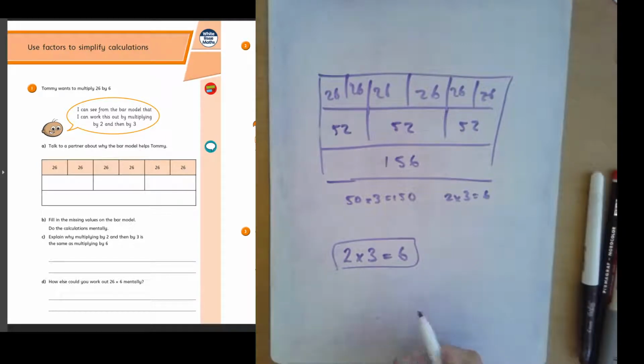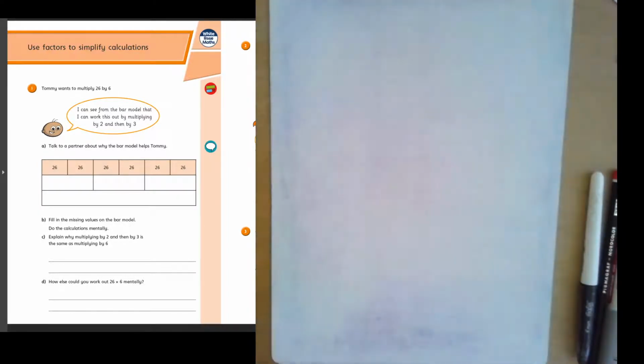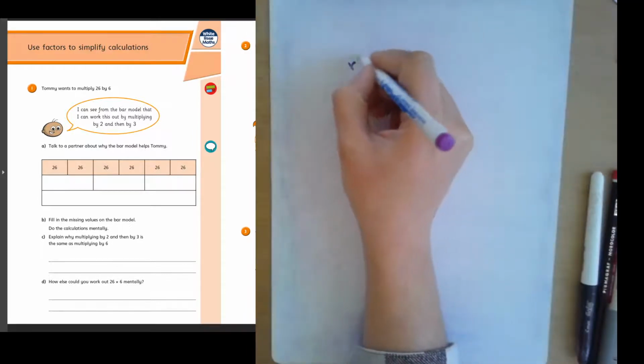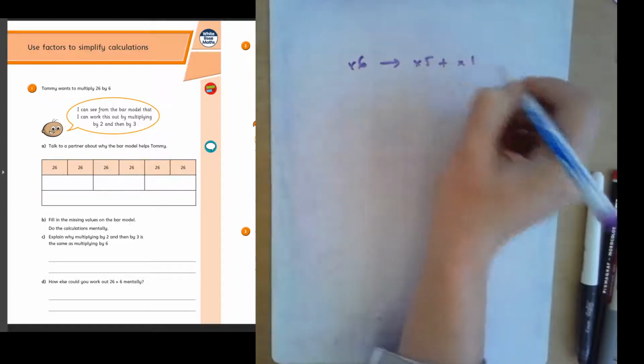Okay, the next part says, how else could you work out 26 times 6 mentally? This answer is going to vary according to what you guys have yourselves. So if you, did I mention it? I can't remember. But another way of multiplying by 6 is by saying, well, it's times by 5, and then I'm going to add a times by 1.